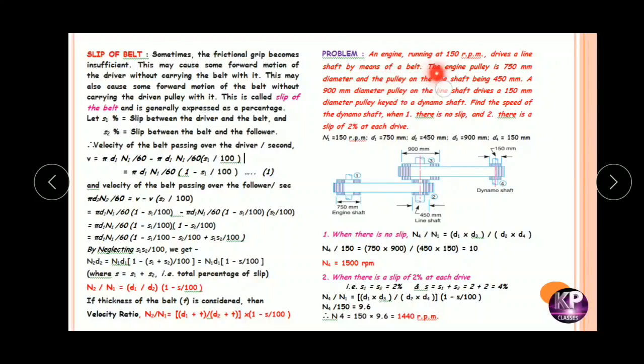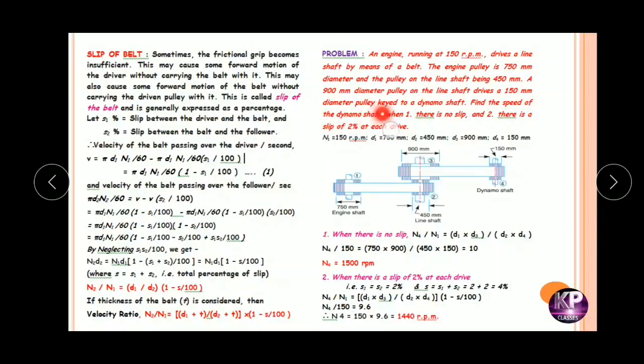An engine running at 150 rpm drives a line shaft by means of a belt. Here running at 150 rpm means n1 is 150 rpm. The engine pulley is 750 mm diameter, so d1 equals 750 mm, and the pulley on the shaft is 450 mm diameter, so d2 equals 450 mm.